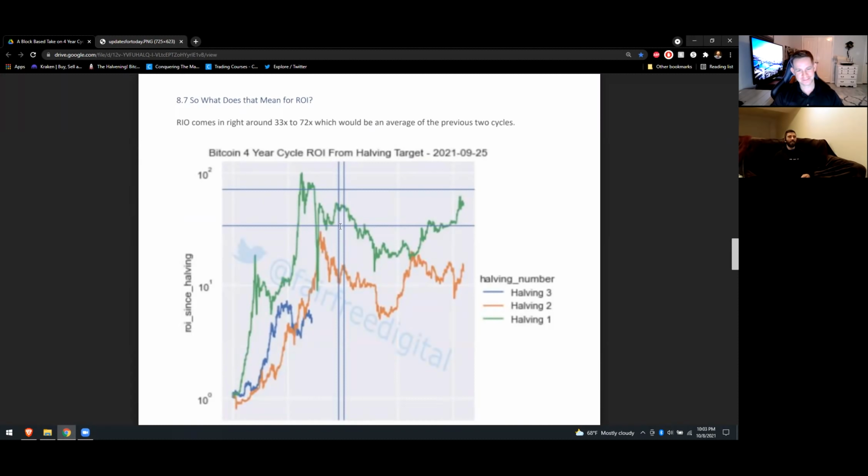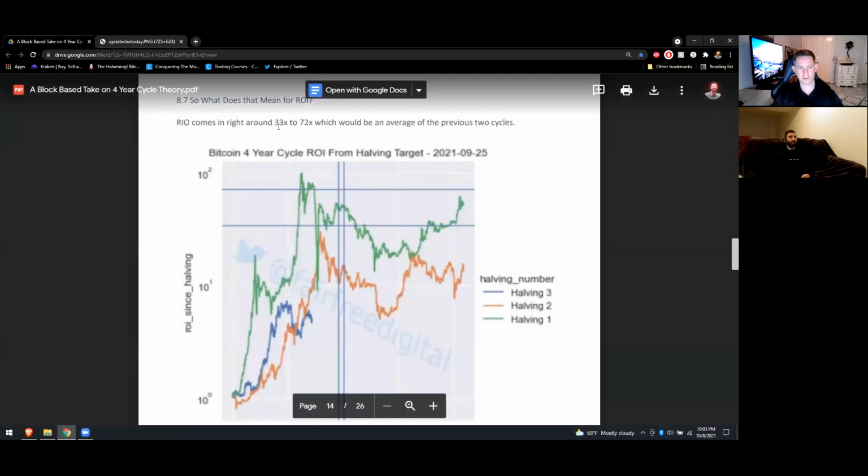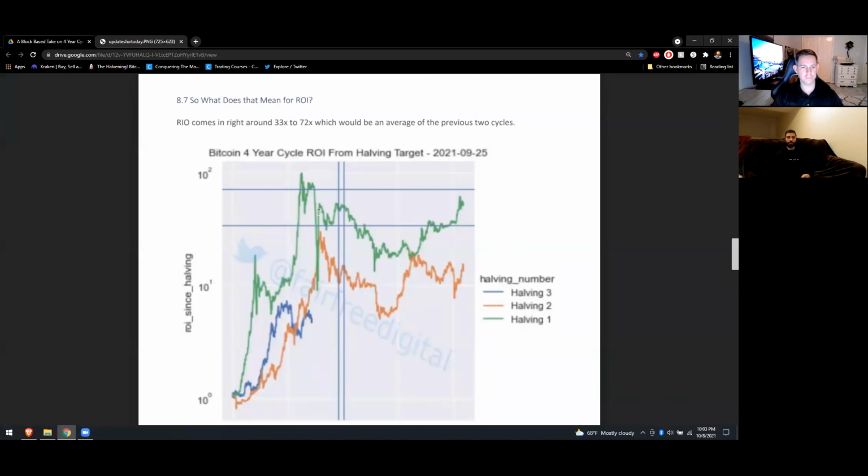In terms of ROI, you would actually be right in the middle of your previous two cycle tops, which I thought was interesting. You'd be out later, but you'd be right in the middle. I think this is anywhere from a 33 to 72 ROI. Yeah. And I think the diminishing returns crowd is likely going to be true over the long term, but we're still in an exponential growth phase.